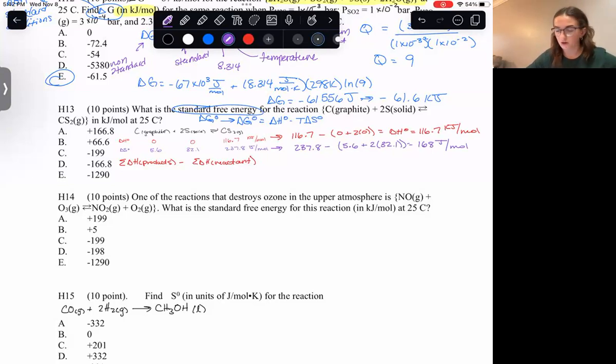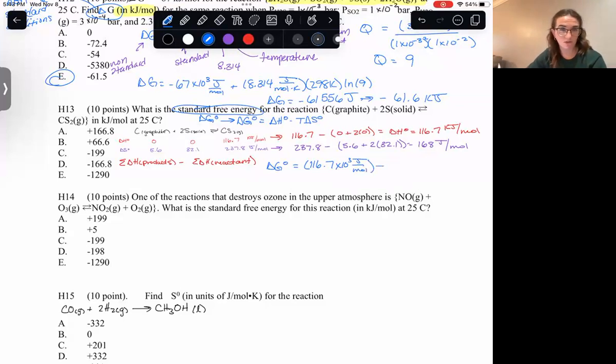Any questions on how we solved for delta H and delta S? Okay, so now that we have both delta H and delta S, we can plug that into our original delta G problem. So we have delta G naught is equal to delta H, we said was 116.7, again this is kilojoules per mole, so I'm going to say times 10 to the third joules over mole, minus our temperature.